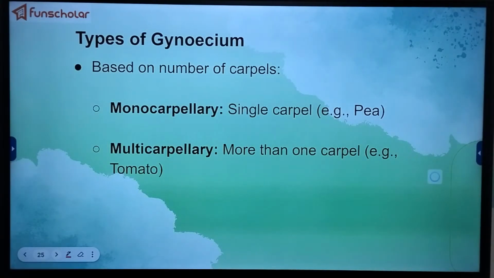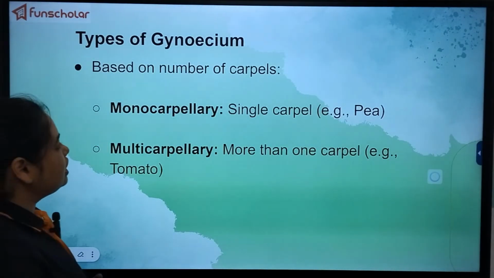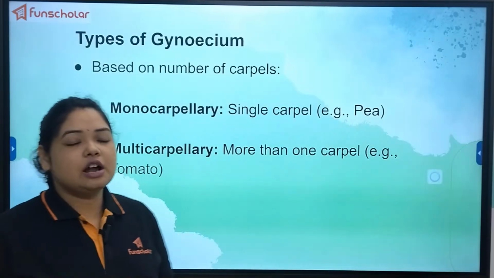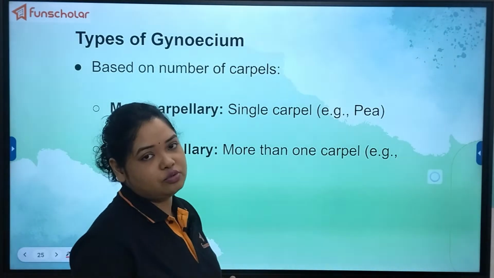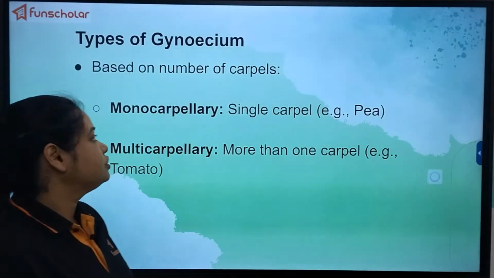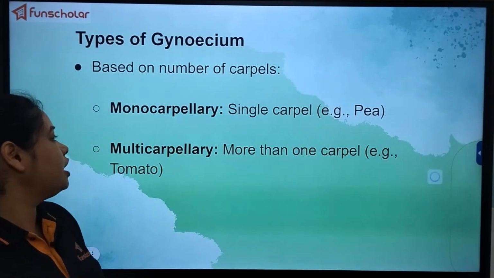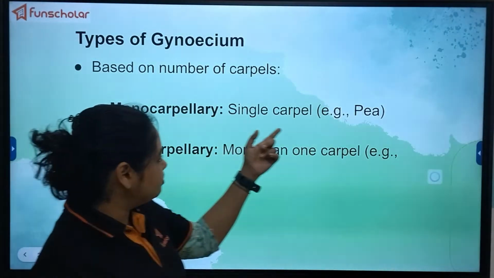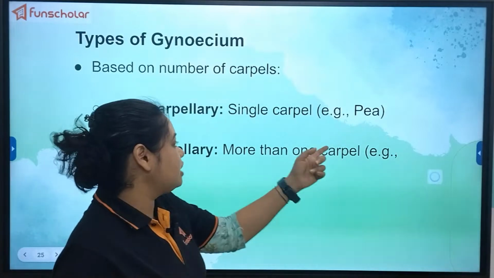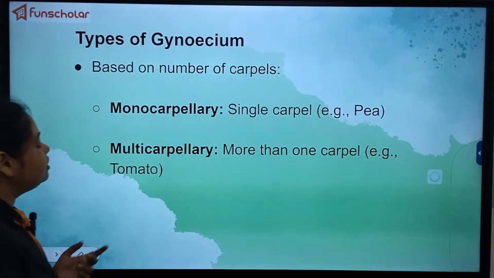Now coming to gynoecium, now based on the number of carpels, carpel means the stigma, style and ovary together is known as a single carpel. So based on the number of carpels, we have monocarpellary flower, in which we have single carpel. Mono means one, so example is pea, and multi means many.